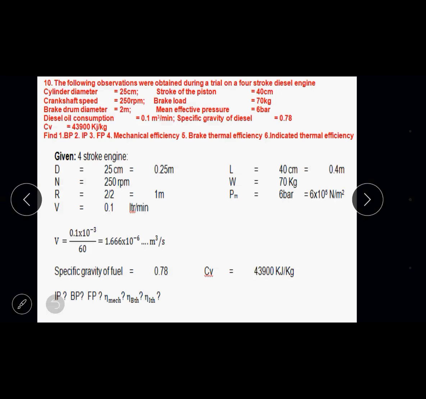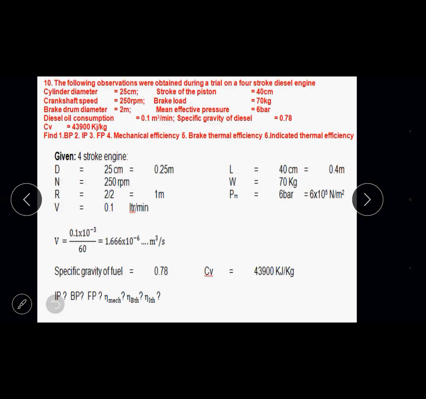Here diesel oil consumption stands for volumetric flow rate. See the unit, meter cube per minute. Meter cube is the unit of volume, and per minute is the unit of rate. So here it's a volumetric flow rate, diesel oil consumption 0.1 meter cube per minute.